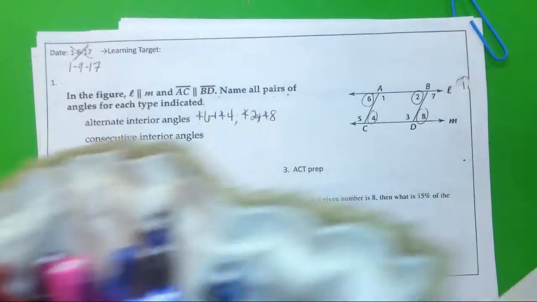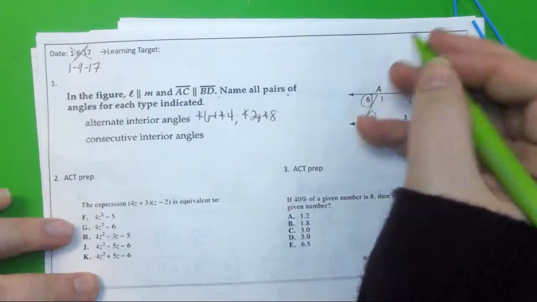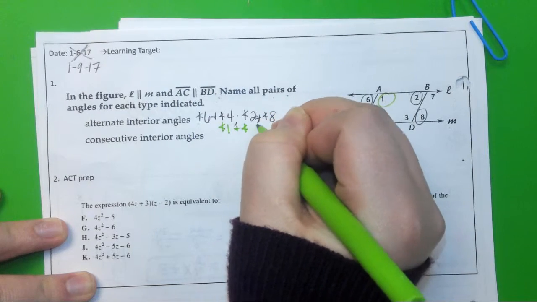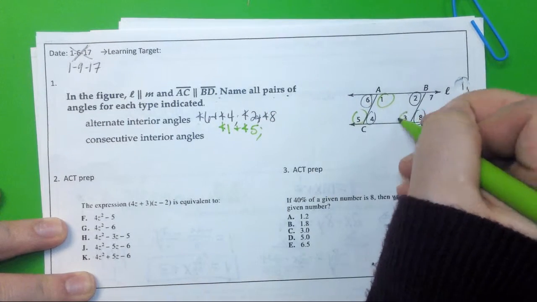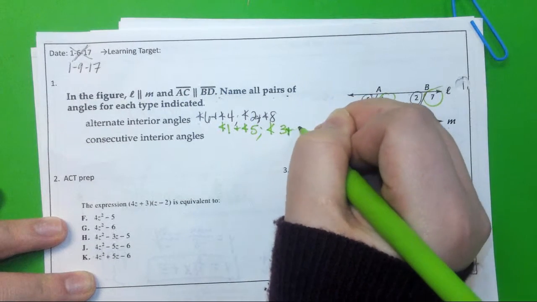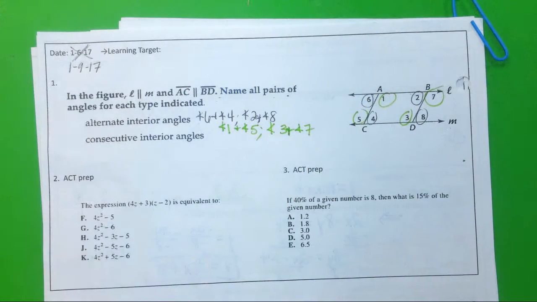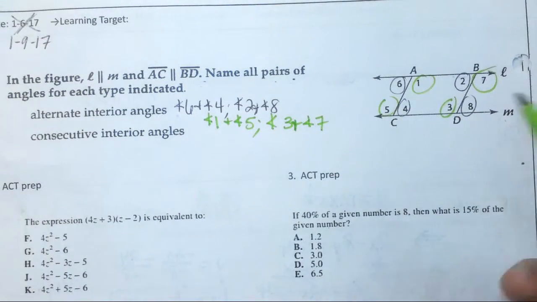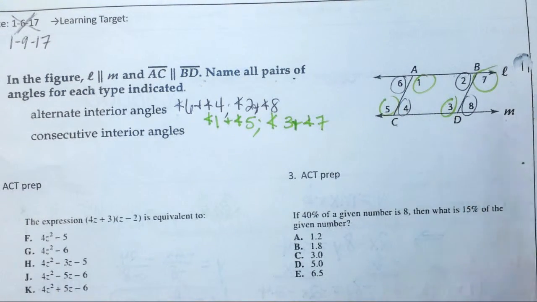Yeah. And 3 and 7 look like alternate interior. So I've got a list of 4 different pairs. I'd said 1 and 5, 6 and 4, 2 and 8, 3 and 7.